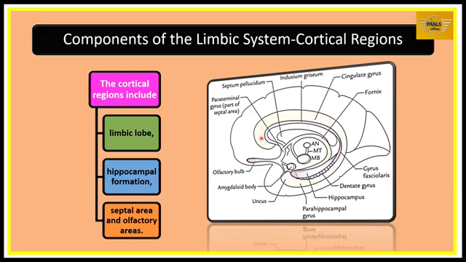Now the hippocampal formation, we're looking at the structure here, and part of it up there. Now the septal area and olfactory area, we're looking at the structures that are here and also here. So these regions make up the cortical regions of the limbic system.